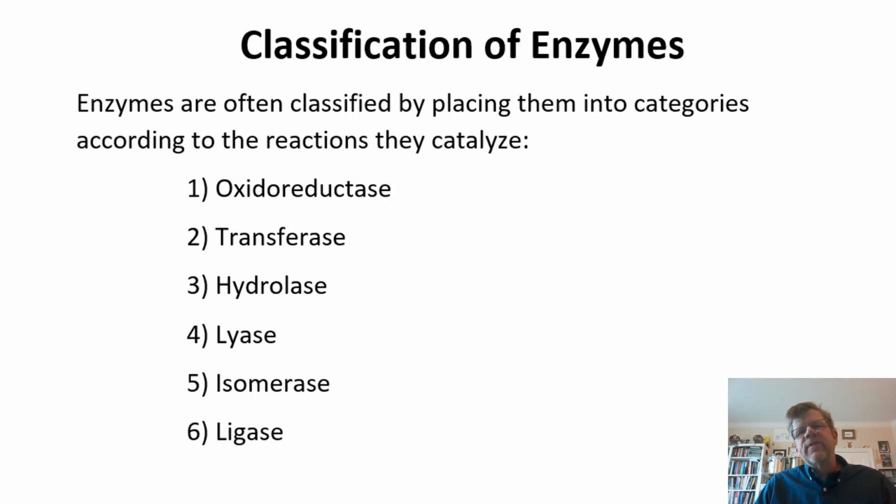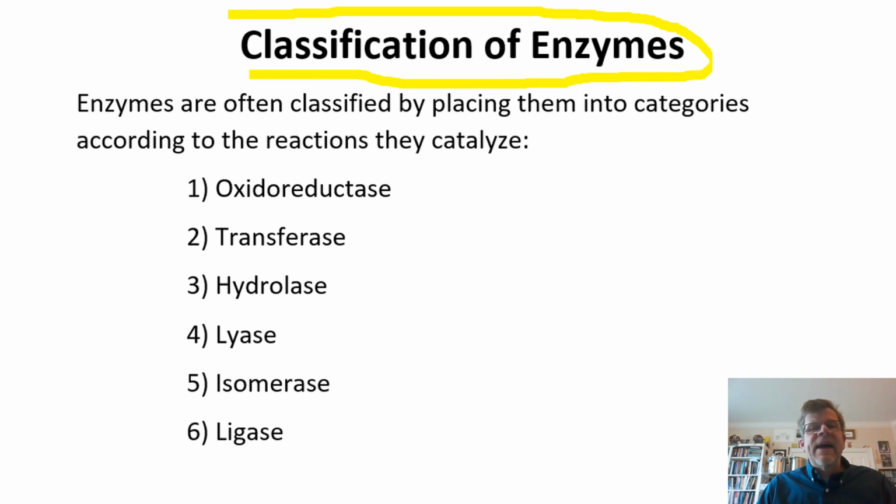The remainder of this lecture is going to be looking at a classification system of enzymes in which we're not going to be necessarily looking at the names of enzymes, but rather talking about names of classes of enzymes. These classes are the categories that we put enzymes into based upon the types of reactions that they catalyze.